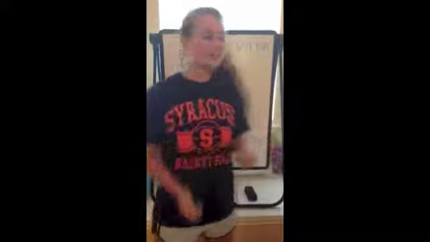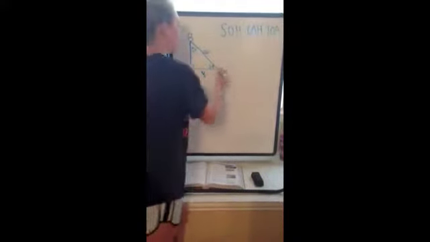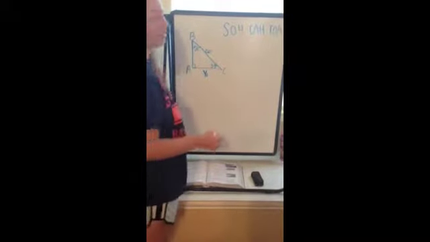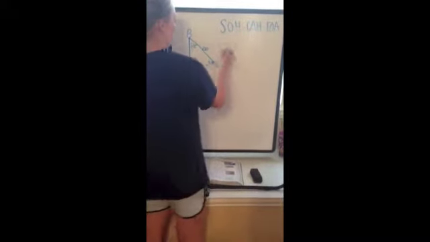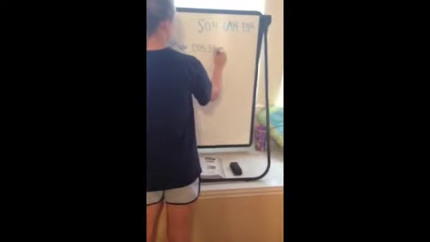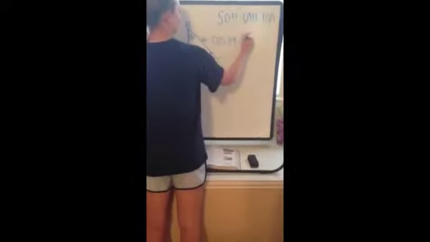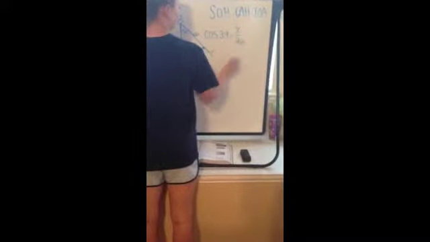The next step is finding the length of x. Because you already have 39 degrees right here, you know that you would be using cosine. All you have to write is cosine 39 is equal to adjacent over hypotenuse. So x over 26.